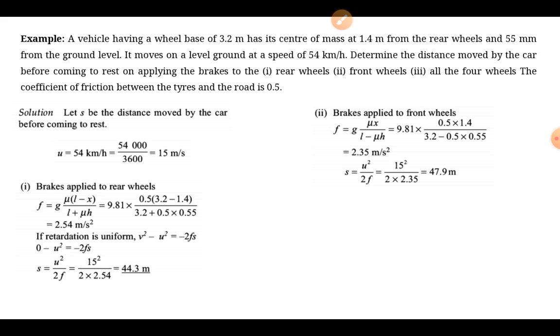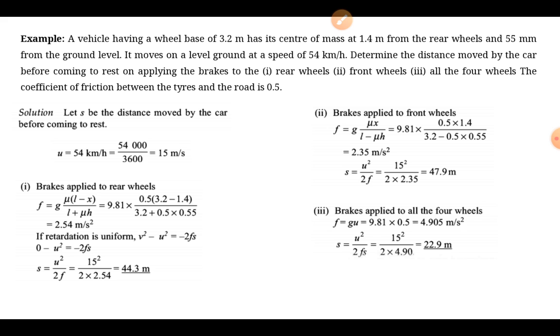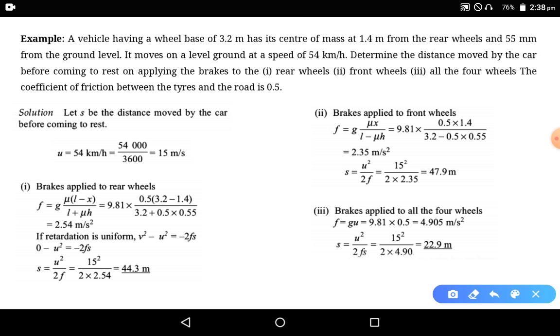Put all the values in this formula and you will get the distance the vehicle must have moved. In this case the vehicle has moved 22.9 meters before coming to rest, right? So this type of problem will be asked and you can solve it very easily if you remember the formula for retardation for all the cases, right?